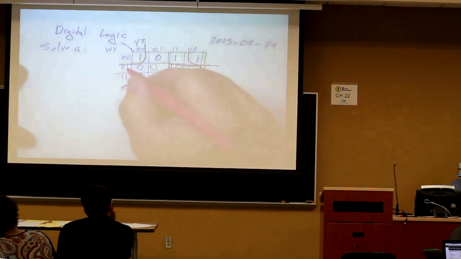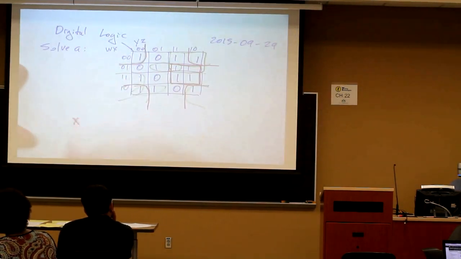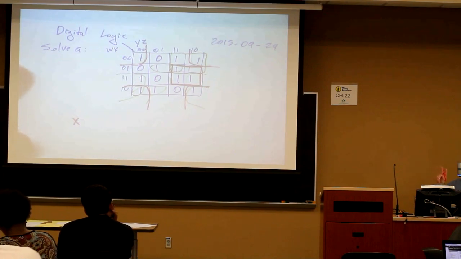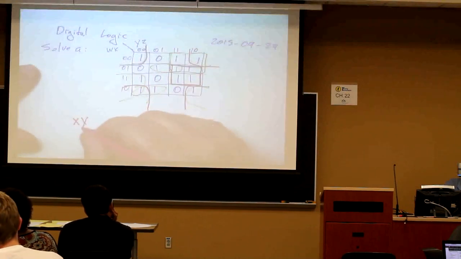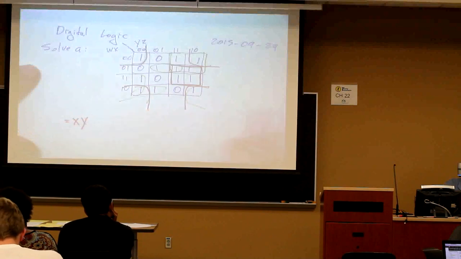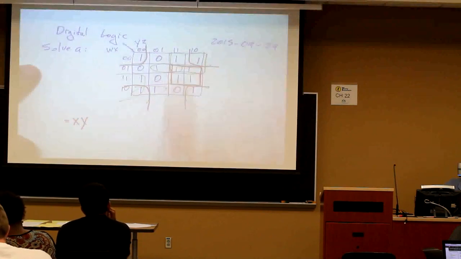So those would be such that x is equal to 1, and since we've circled 4, then we could take another one. In this case, it's y. All right? So this box right there is xy.